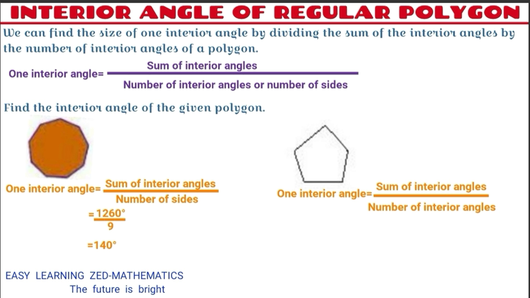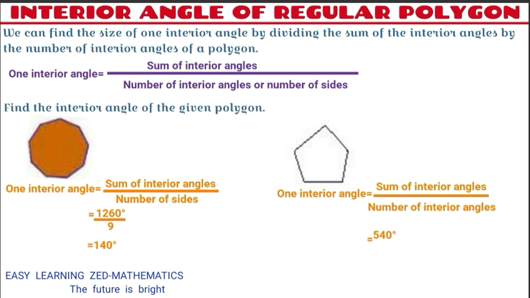You should know by now that the number of interior angles and the number of sides are the same in every regular polygon. Then what is the sum of interior angles of a pentagon? It is 540 degrees, which will be divided by the number of interior angles.